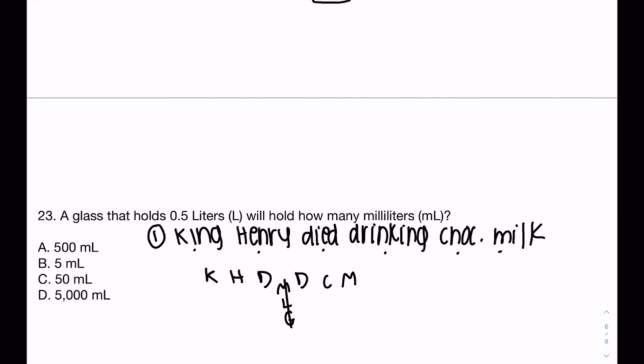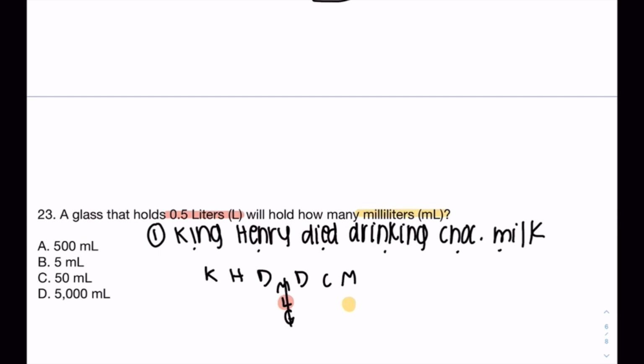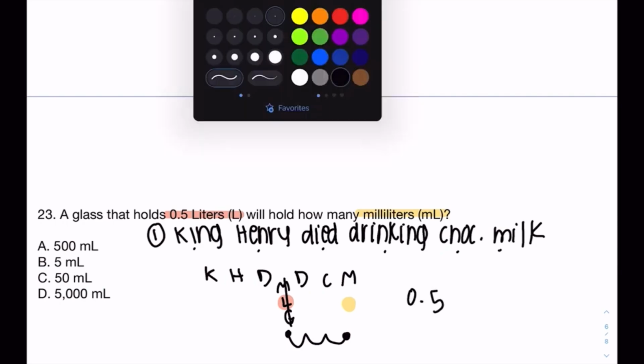So since we have our liters, let's find out how many milliliters are in liters. So we're at our liters. This is where we're at. We're going to move 1, 2, 3. Okay. So we have 0.5. There's our decimal. And we're going to move 3.